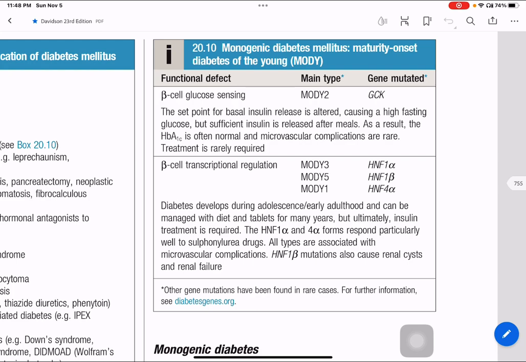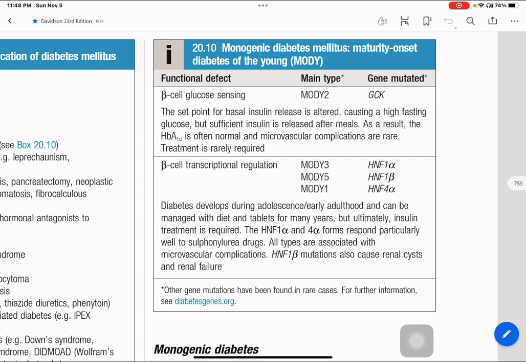This can be a very important question, which gene mutation is responsible for which diabetes. So 1 alpha is 3, 1 beta is 5, and 4 alpha is 1.